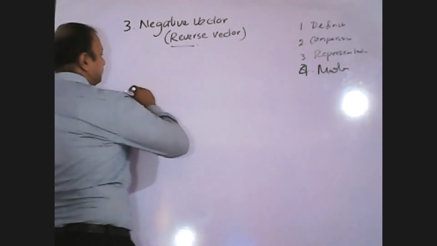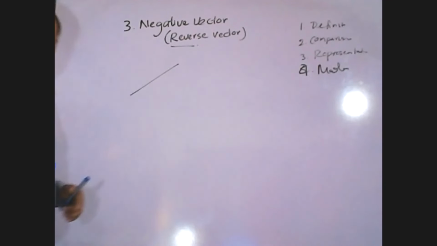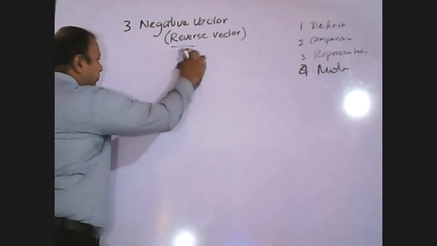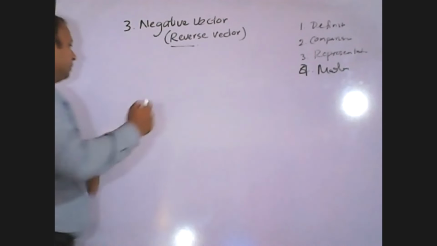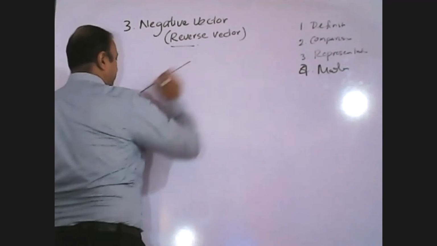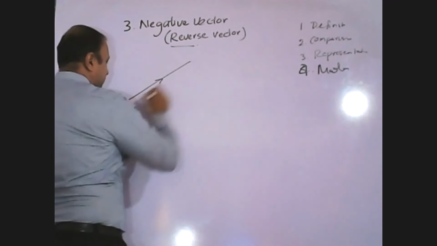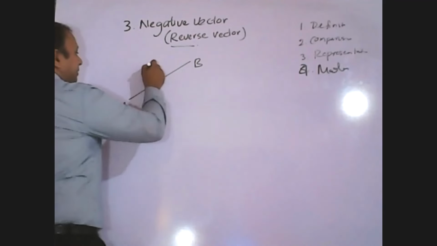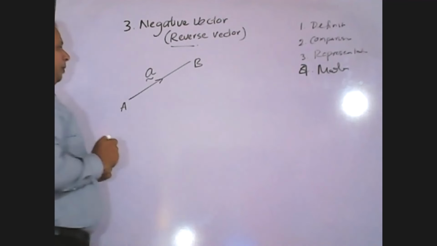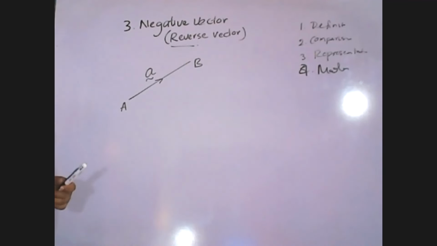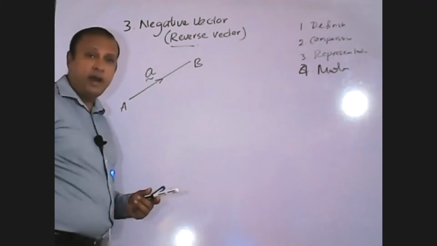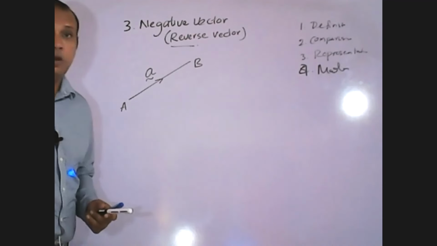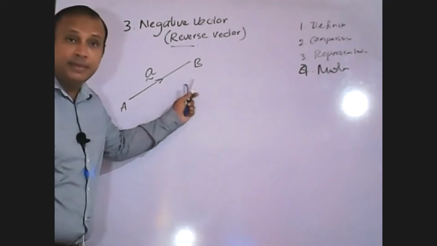Suppose we are given a vector AB, from A to B. Now suppose we need to find the negative vector or reverse vector of AB.